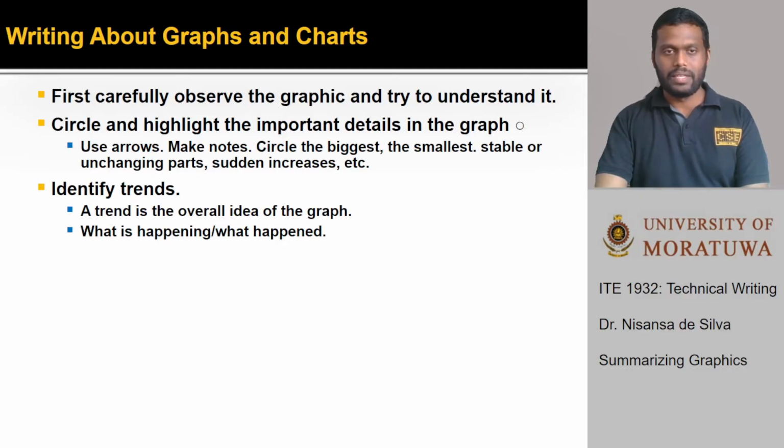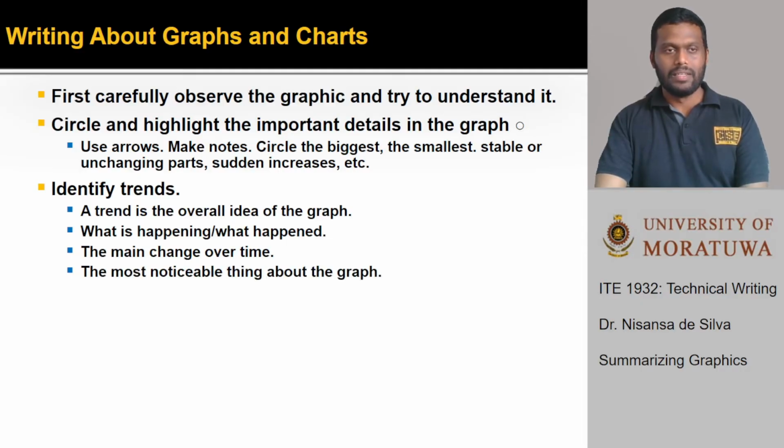Then you have to see what's happening, what has happened. What are the trends? Are they going up? Are they going down? And so on and so forth. If it is a graph with time, look at how things change with time.